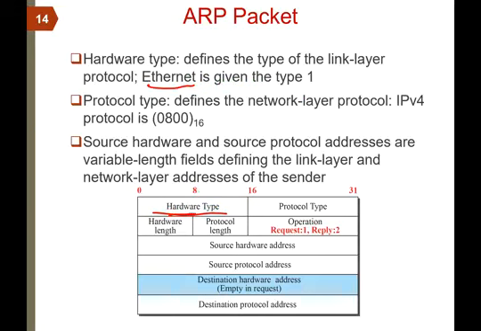Is it whatever hardware? These are bits, 0 to 16 is the hardware type. 16 to 31 is the protocol type, which defines the network layer protocol. So if it's IP version 4, this value would be 0800 in hex. So this defines the network layer protocol.